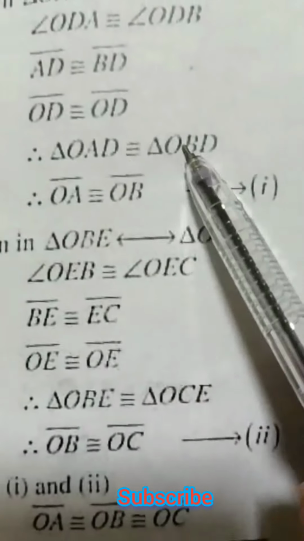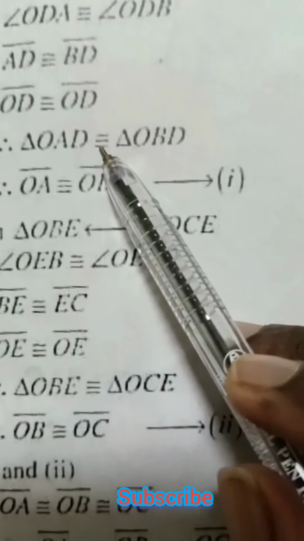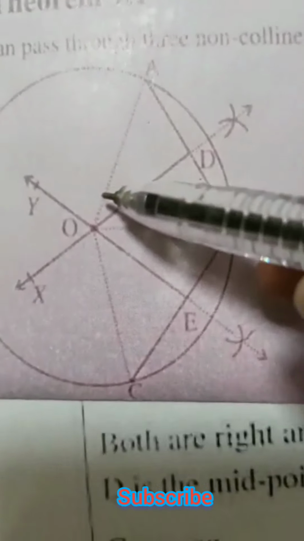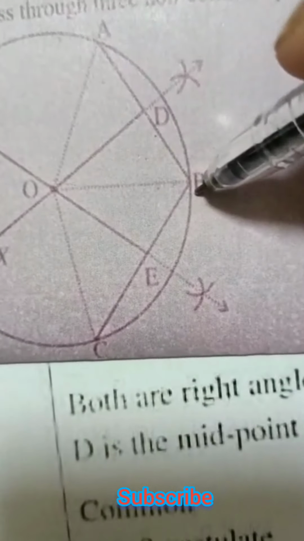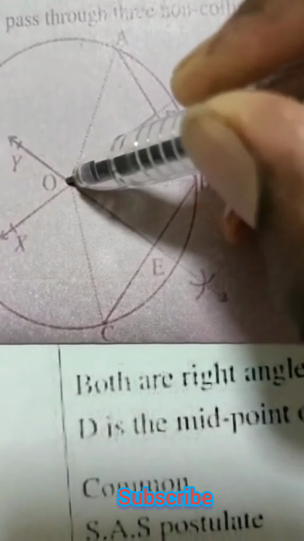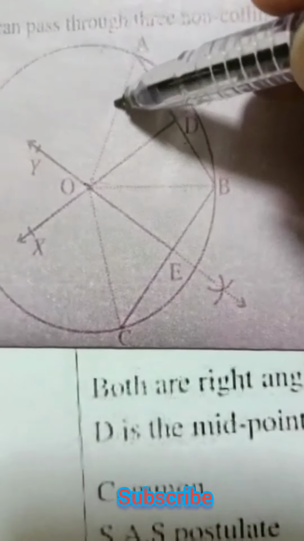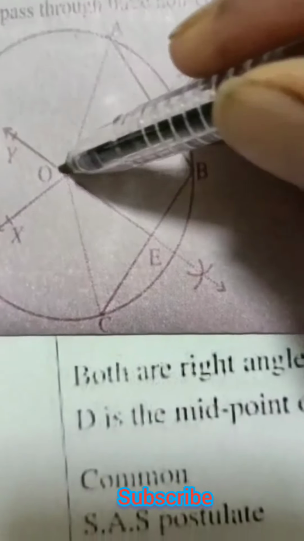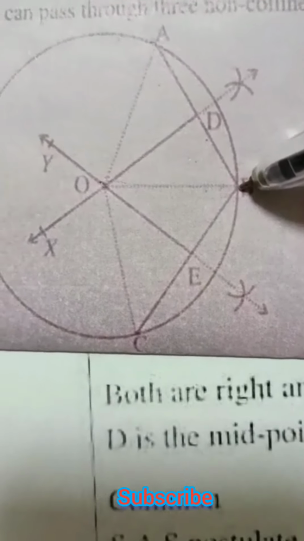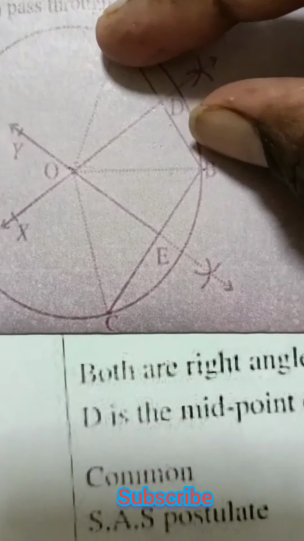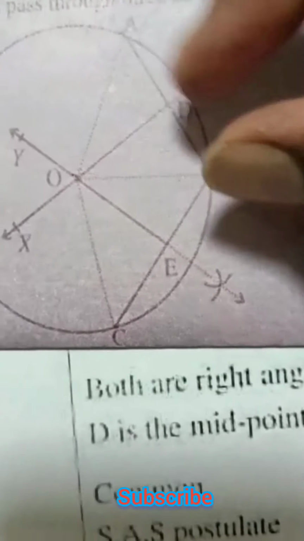If these two triangles are congruent, we can say OA equals OB. That means from the center of the circle, this radius is equal to this radius. That we have proved from these two triangles.